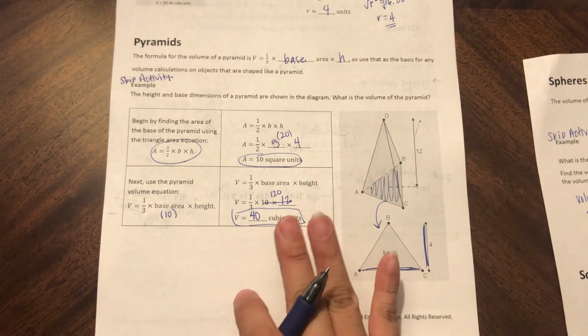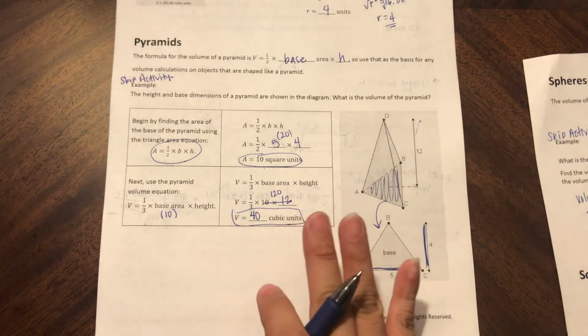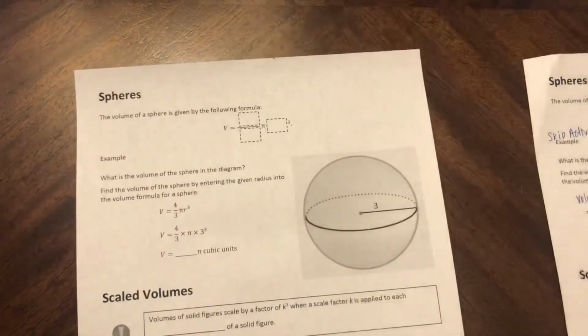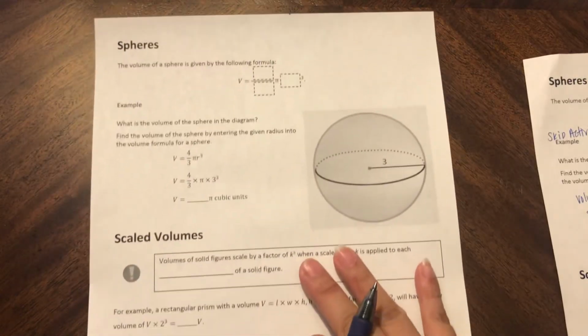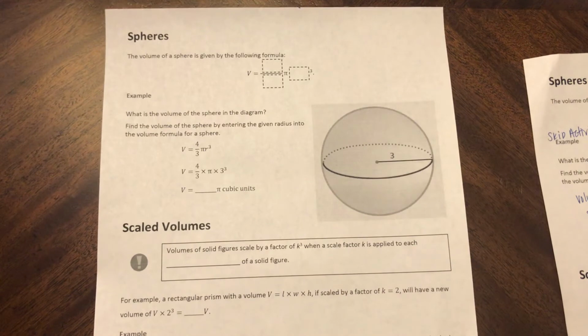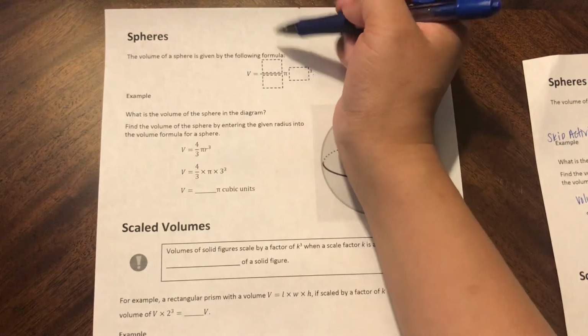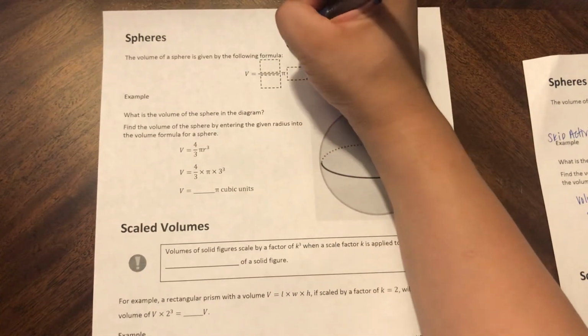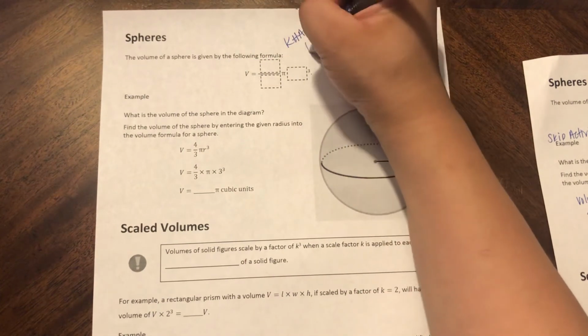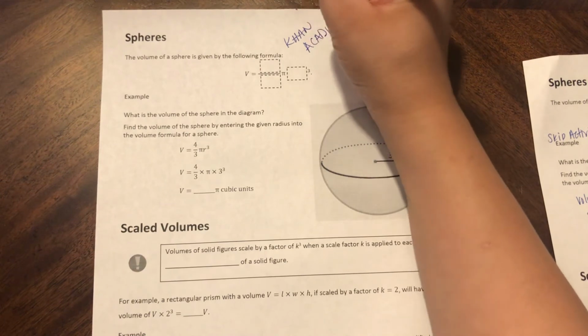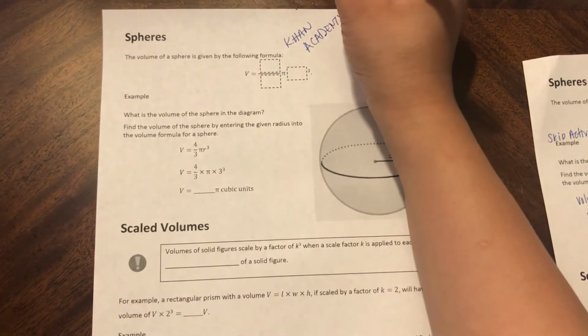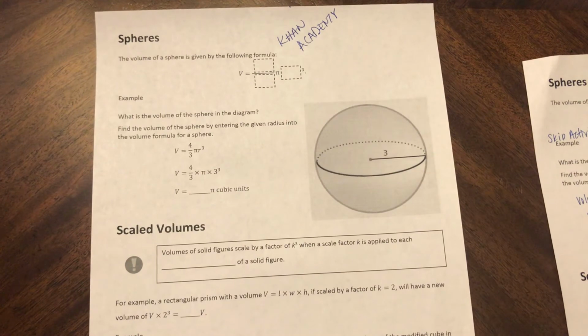Okay, so now we're going to move on to the last part. The last part is spheres. Okay, the volume of the sphere is given by the following formula. They actually want you to click on some link, and it takes you to the discovery of a sphere.